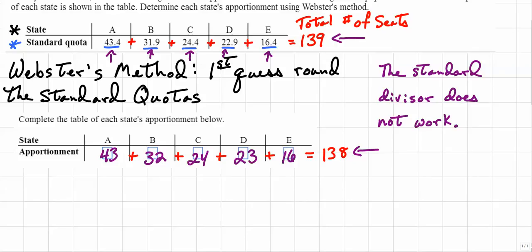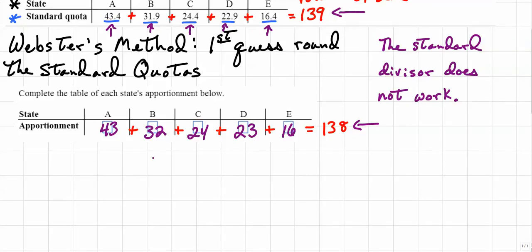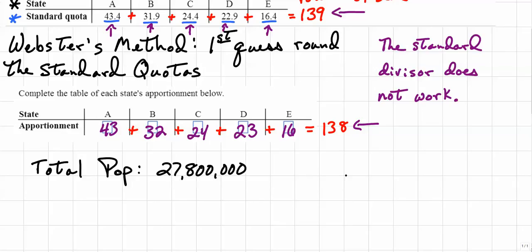We'll take the total population of 27.8 million and divide that by the number of seats. The number of seats, as you may recall for this one, is 139. And so we divide this and we end up with a standard divisor of 200,000.